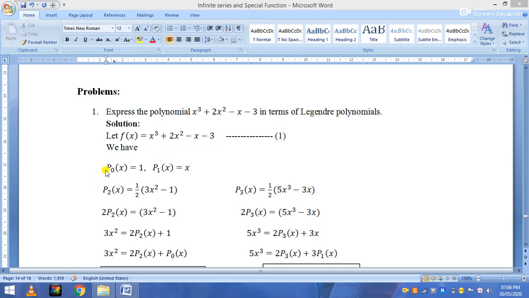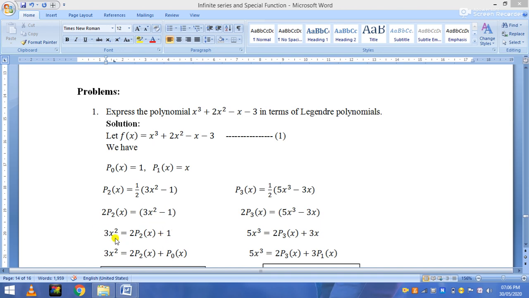Already one value is P0 of x, x value is P1 of x, then x square is in the form of P2 of x equal to 1 by 2 into 3x square minus 1. So we simplify to get x square. We multiply 2 to this side, 2 P2 of x equal to 3x square minus 1, or 3x square is equal to 2 P2 of x plus 1.